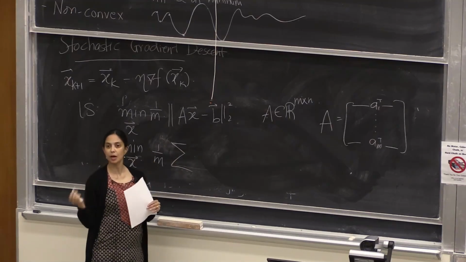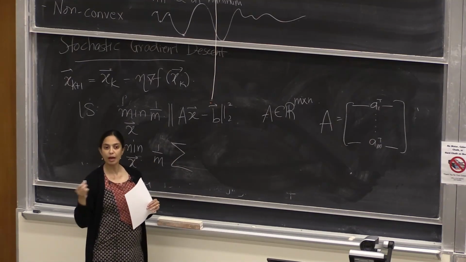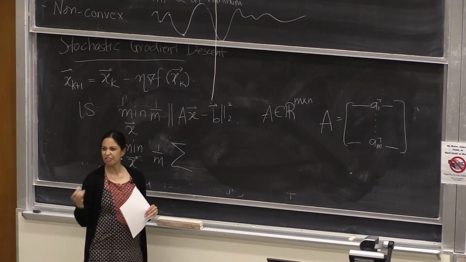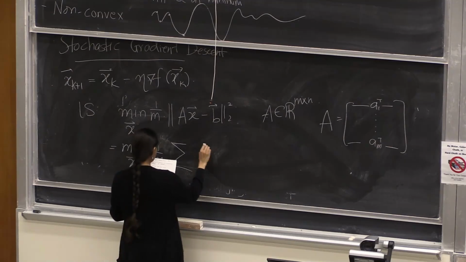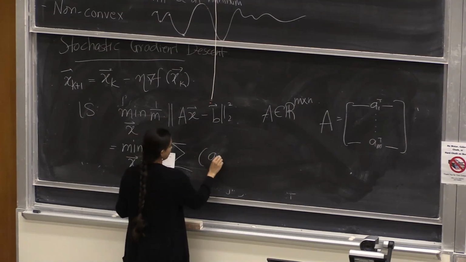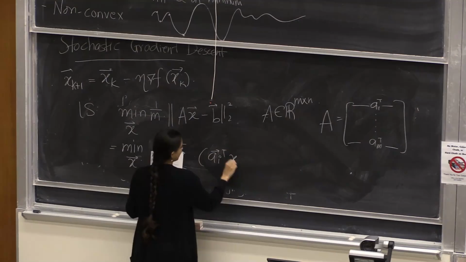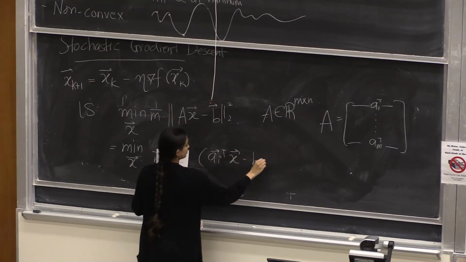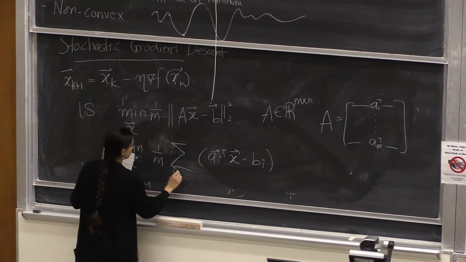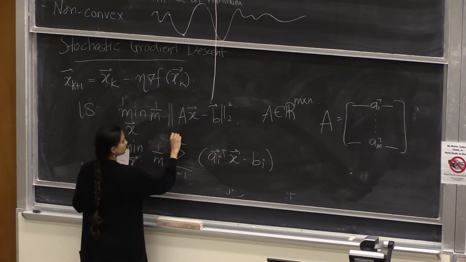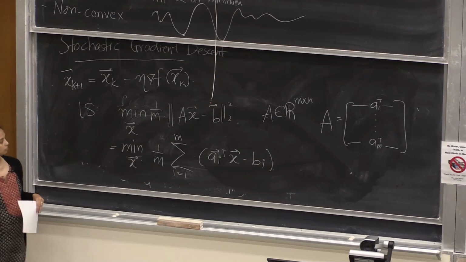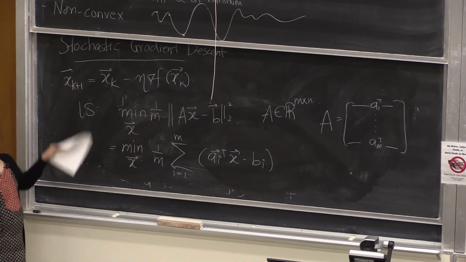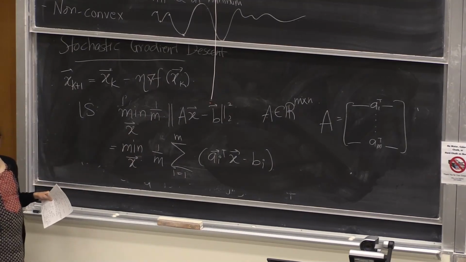I can take the sum of my residuals for every single row, or essentially every single data point that I have, right? I can write this as the sum of a_i transpose times x minus b_i, squared. Right? This is just another way of writing that exact same thing.